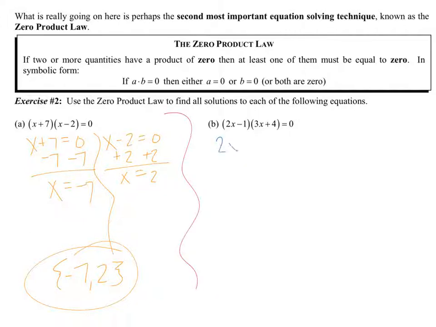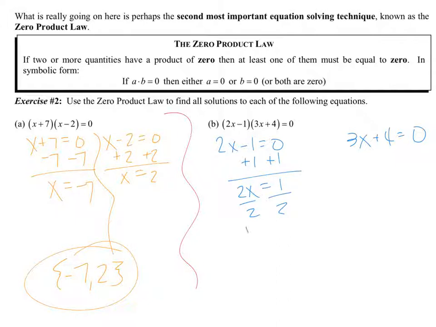Next one, 2x minus 1 equals 0, and 3x plus 4 equals 0. If you look at letter A, what we just did, we could have done what we noticed before, that it would be the opposite. So it's -7, +2. But on letter B, I have numbers in front of the x, which make it a little bit harder to solve. So now I have 2x equals 1.